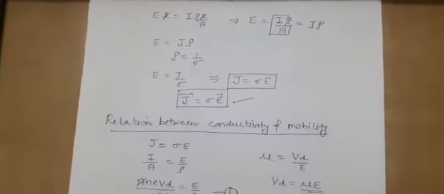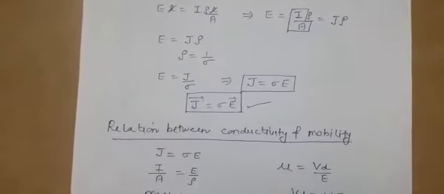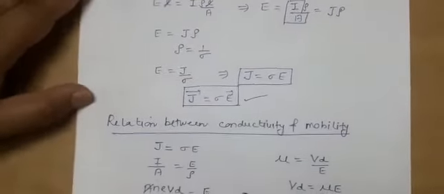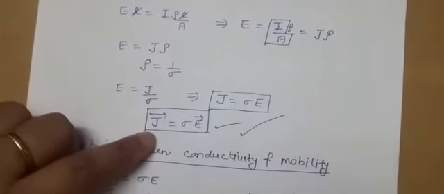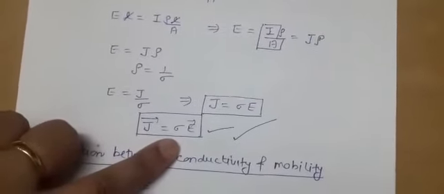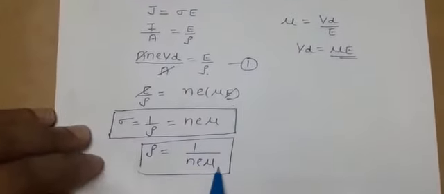So this is all for today. I am taking a short video giving a small topic today. What we have covered: one form of Ohm's law giving the relation between conductivity and current density, and another relation between conductivity and mobility.